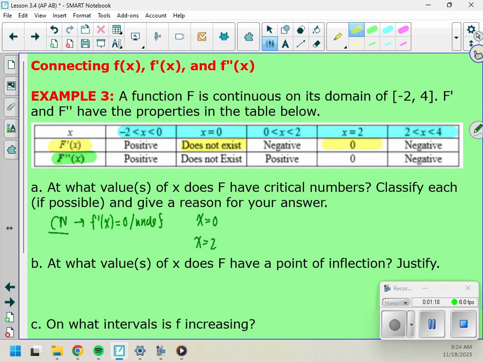And then we want to classify these as relative mins or maxes or neither. So if you notice, we start out with a positive derivative from -2 to 0. So the function is increasing. Okay, the function is increasing here.